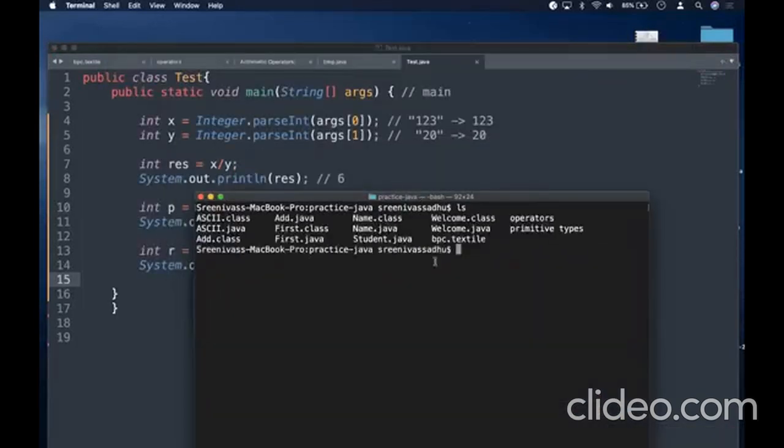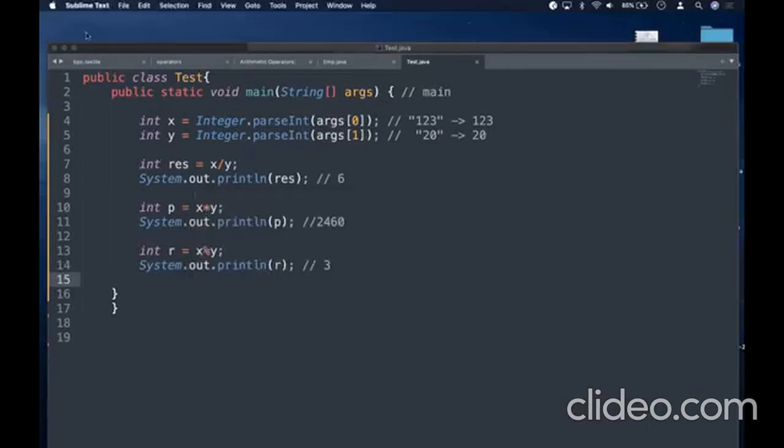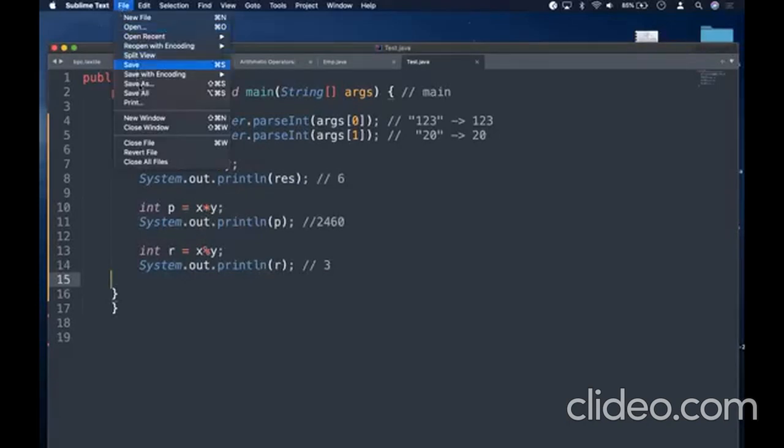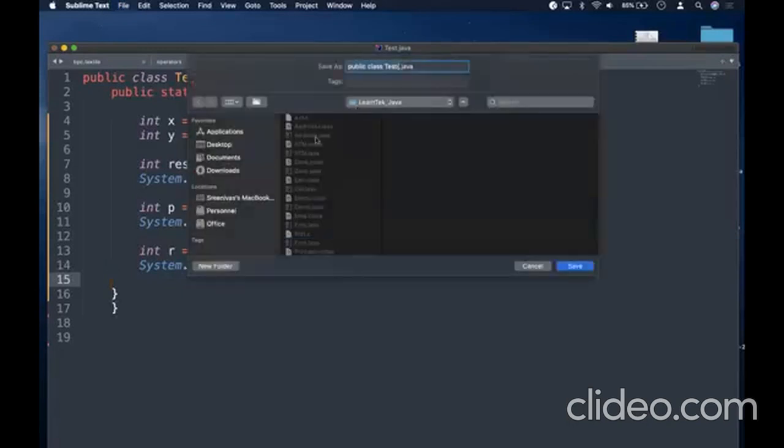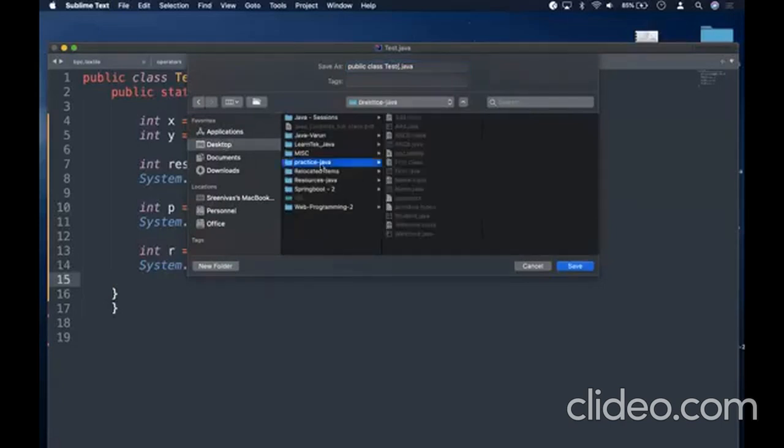I have a test class here. Let's see, I don't have the test class. So I need to save it to my folder, which is not this. I need to go to my desktop and choose this practice Java folder, and here I have to give test.java.